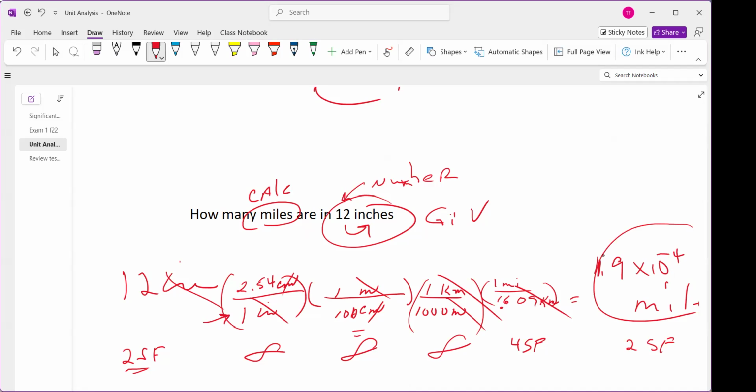Everyone see how this is called unit cancellation. If you take chemistry in this department or any other school, they use this. It's exactly this unit cancellation.